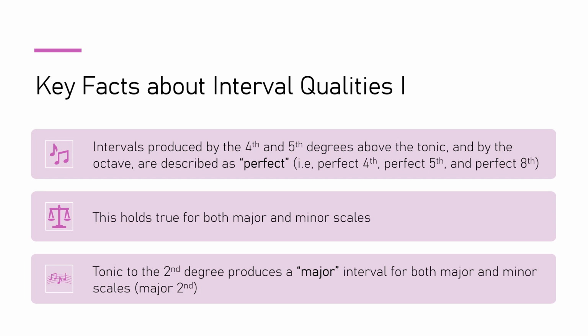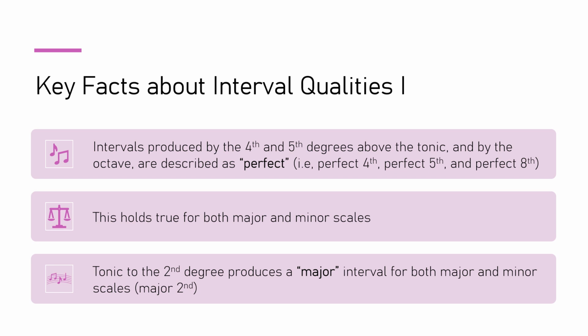You are counting two notes, the tonic, for example, C and then D. But it is major because the interval between C and D is a tone, two semitones. So that's why it's major second. So it's the same for both the major scale and the minor scale.